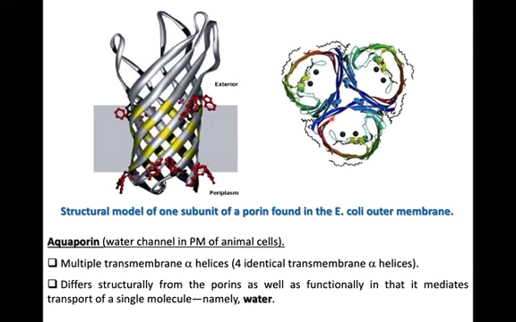It's totally different because the transmembrane part of the protein is formed of alpha helix, while in the porin it is formed of beta sheets. It differs structurally from the porins as well as functionally, because it only transports water molecules. It mediates the transport of a single type of molecule, namely water.